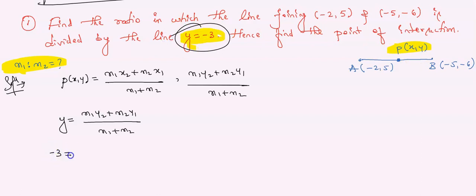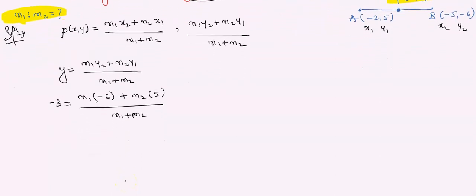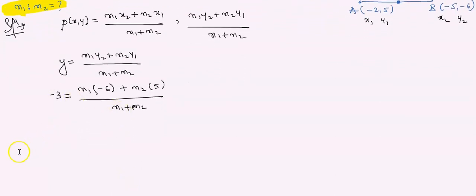If y is -3, m1 value we don't know. As you can see here, this is x1, this is y1, this is x2, and this is y2. So m1 into y2, which is -6, plus m2, we don't know, into y1, which is +5, divided by m1 plus m2. After this, very simple, just cross multiply.